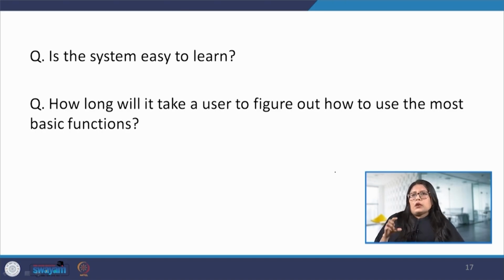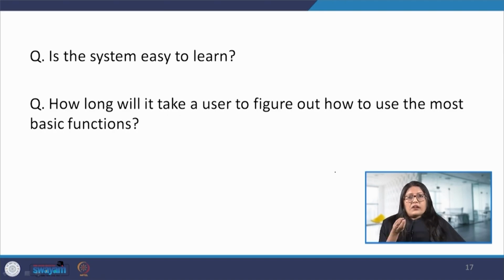So, for example, if I am designing a product, maybe a cell phone, and I am asking myself, is the system easy to learn? Now, this question is very complex and it will not be easy to answer. If I ask how long will it take a user to figure out how to use the most basic functions, it is a more clear cut, more answerable question.